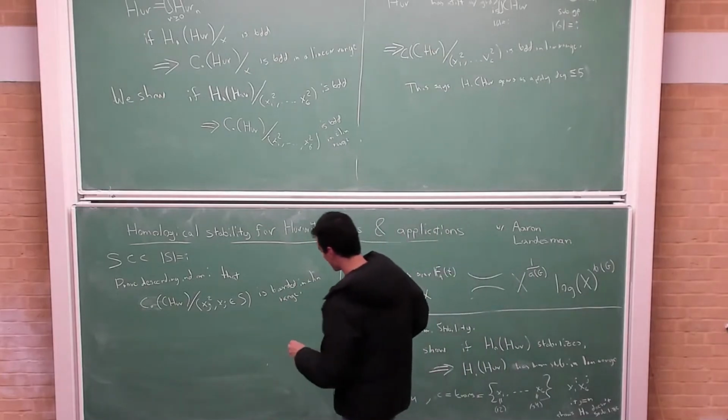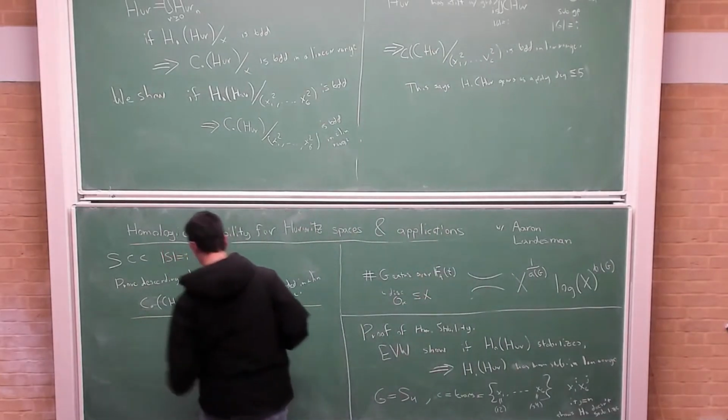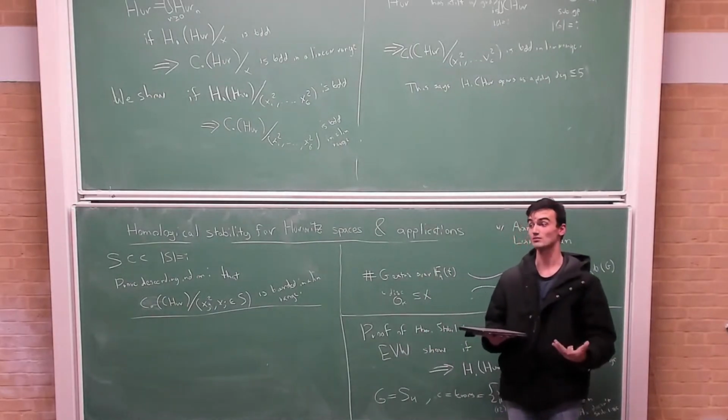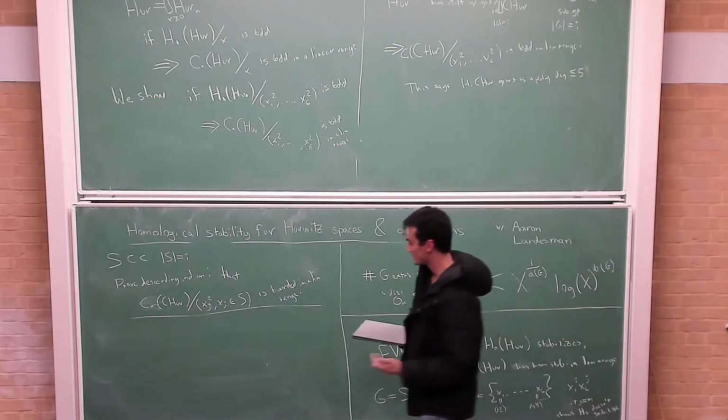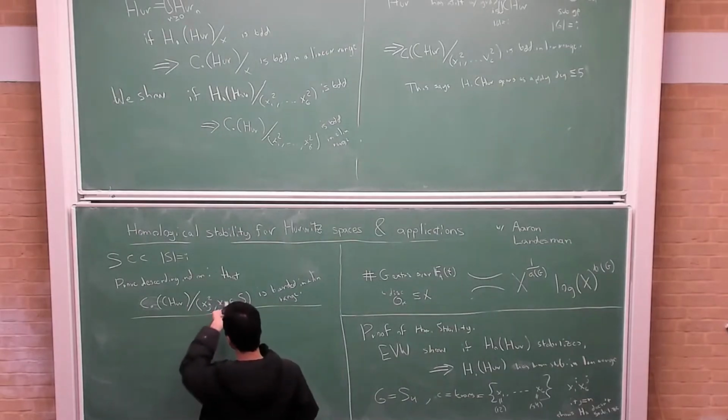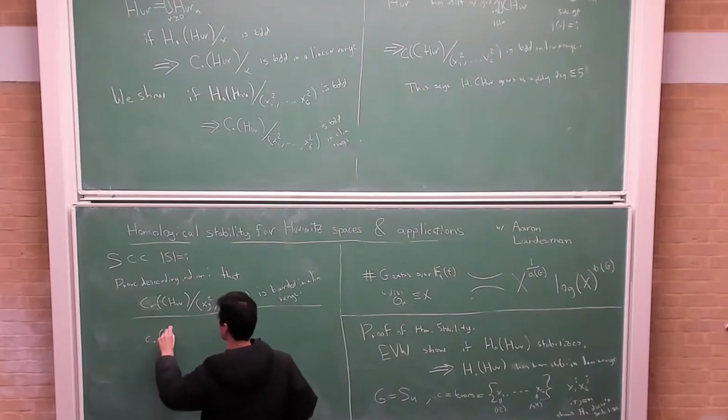So the point is the following. The inductive step is exactly a stable homology question in the following way. You can choose some element that's not in the subset, and you can invert it.